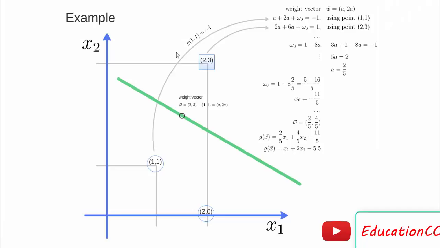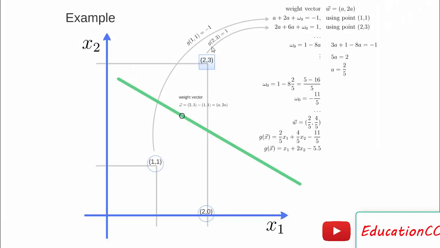When we place the equation g using the input vector 1 times 1, we know that we have the value -1 because it belongs to the class circle. So we will have this value here.